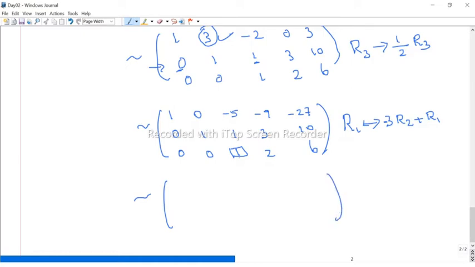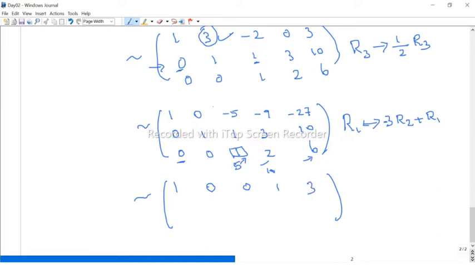Again, we multiply this row by 5 and then add it to the first row, because this is -5. Anyway, here 0 times 5 is 0, and adding to the first row we get 1. Then this: multiply by 5 and add, -5 plus 5 is 0. If you multiply 10 by 5 and add, we get 1. And multiplying by 5 here gives 30, and 30 plus the -27 is 3.